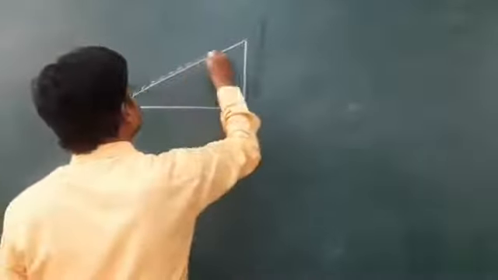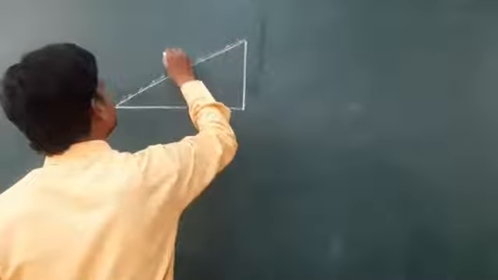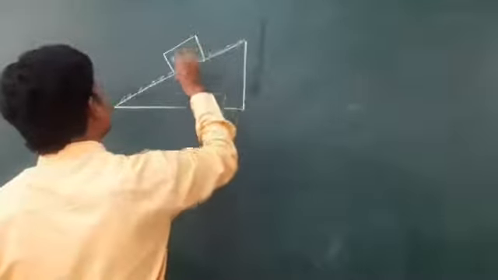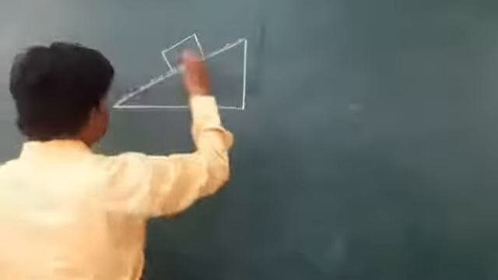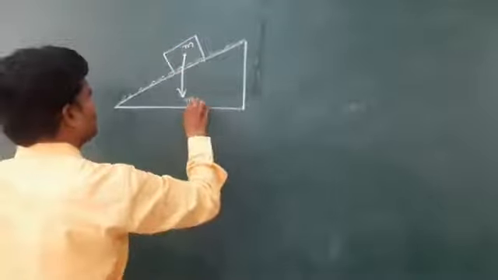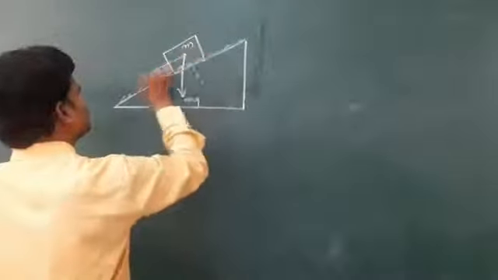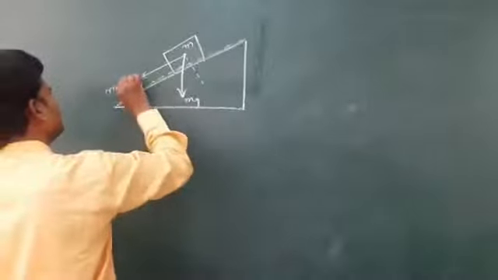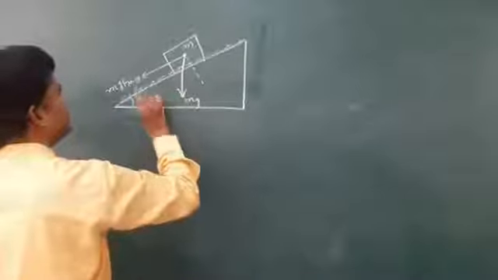This is the rough surface on which a cubical box of mass m is placed, weight of the block mg, and this is mg cos theta. No doubt this is mg sin theta.